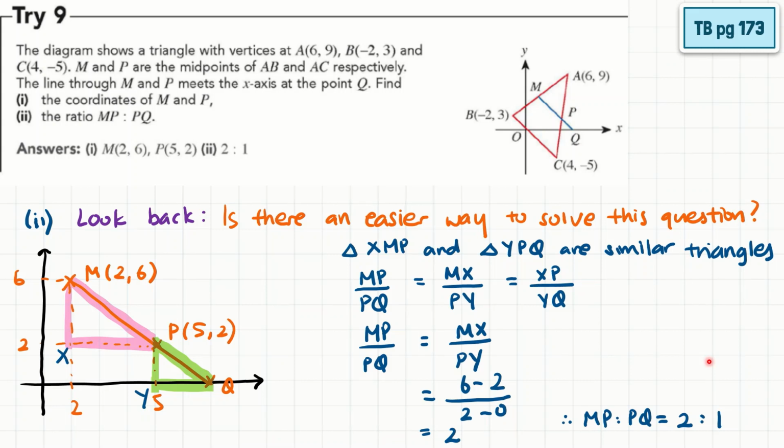However, there's nothing wrong if you have solved the question using the earlier one. As I mentioned several times, we must know our content first before we are able to seek an efficient solution.